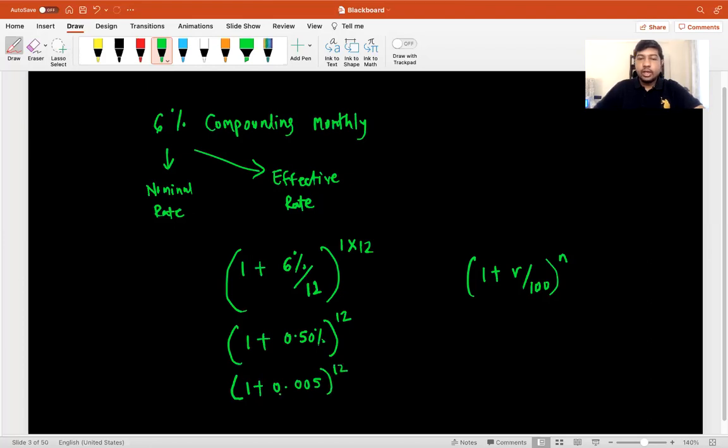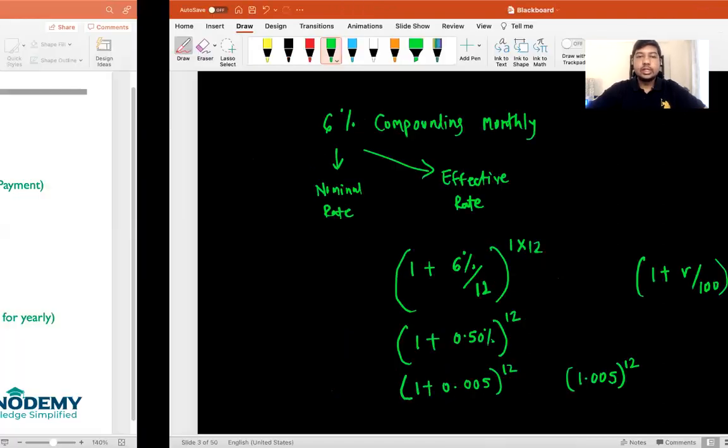Now, mind you, it is 0.005. If you put it as 0.05, that will be considered as 5% and not 0.5%. So you need to convert this percentage into decimals by dividing it by 100. When you do this, what you finally get in the next step is 1.005 raised to the power 12. Okay. So how do we do this in the calculator?